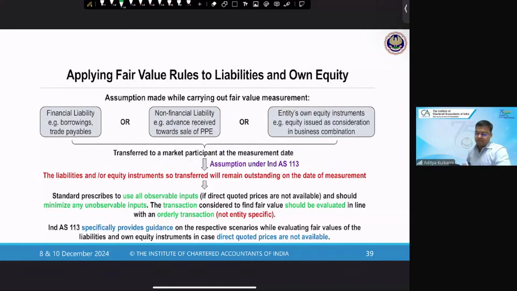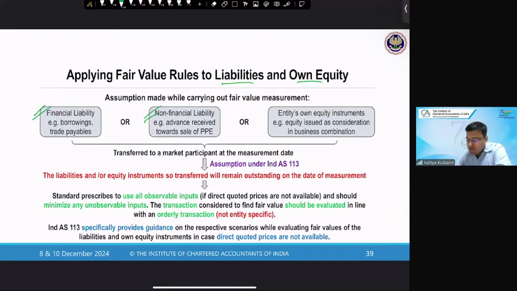When we talk about applying fair value rules to liabilities and own equity, what is there? I am having either a financial liability like borrowings or trade payables, for which I have an obligation to deliver the cash, or a non-financial liability, that is advance received towards sale of property, plant and equipment.